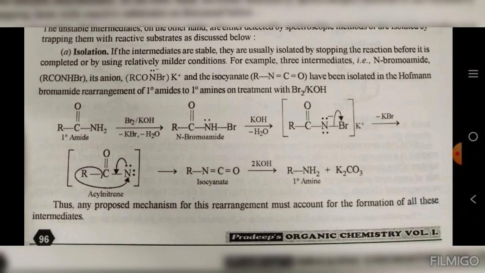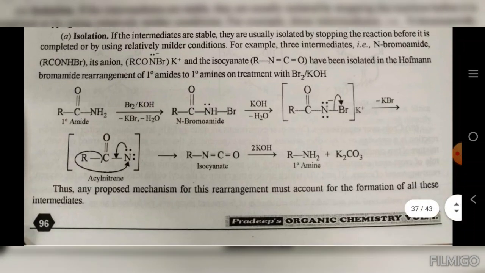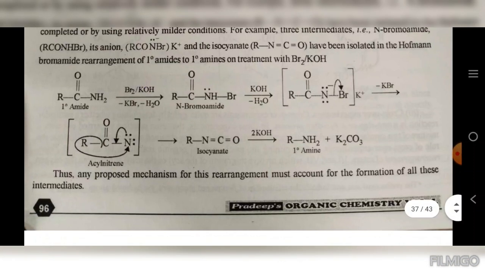If the intermediates are stable, they are usually isolated by stopping the reaction before it is completed or by using relatively milder conditions. For example, three intermediates, bromoamide, its anion, and the isocyanate, have been isolated in the Hofmann bromoamide rearrangement of primary amides to primary amines on treatment with Br2/KOH.